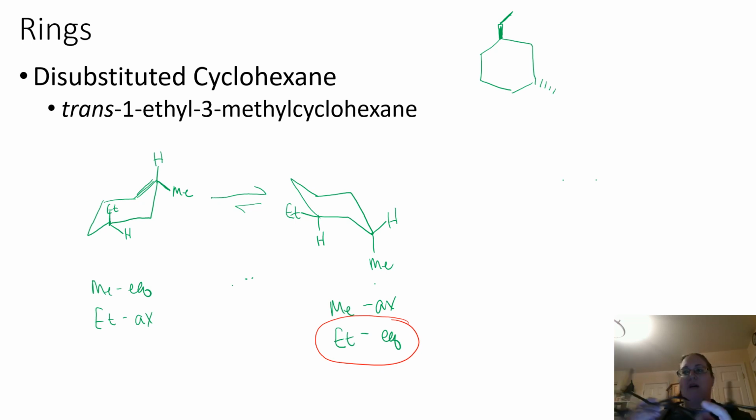Because remember, when they are on adjacent carbon atoms, the axial positions are on opposite faces, axial up, axial down. Compared to the 1-3 relationship that we were looking at, it was axial down in that 1-3 relationship. So the relationship that the substituents have to each other within the carbon chain is also going to play a role in the position that they have in terms of axial and equatorial.